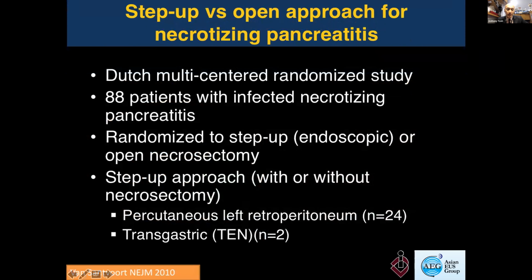So this is the landmark trial comparing step-up approach versus open necrosectomy for necrotizing pancreatitis. They randomized patients to either a step-up endoscopic approach, either percutaneous drainage or transgastric drainage, versus a surgical approach.